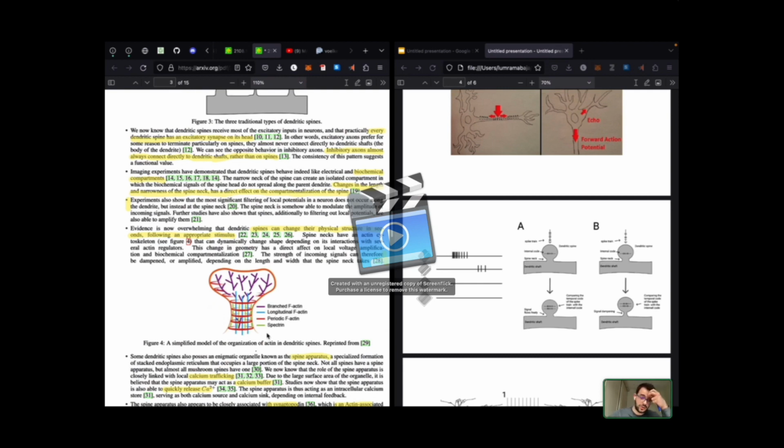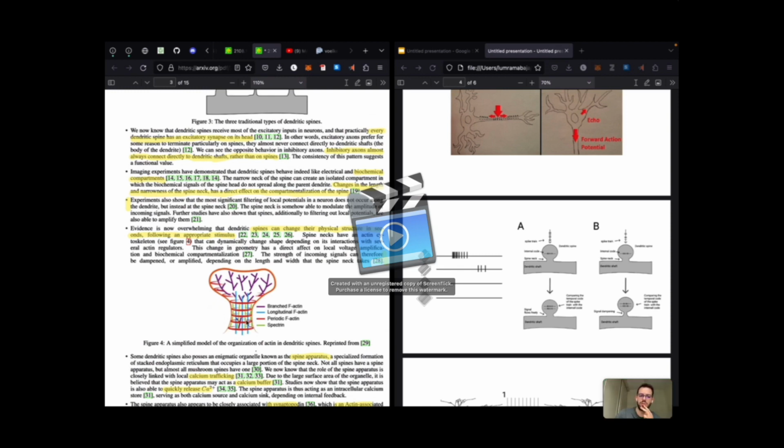And what's also very interesting is that the neck of the spine, the matrix of the dendritic spine, is constructed with a lot of actin, if it's pronounced actin. I don't know how it's pronounced as a word, but one very interesting property is that dendritic spines can change their shape in seconds.